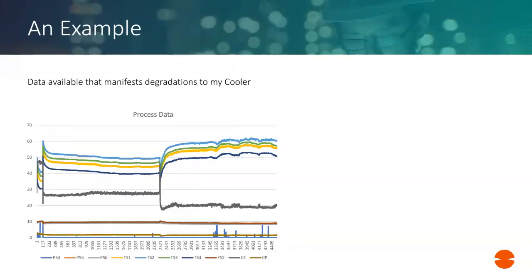So looking at the process data, I do not see a clear relationship between the various pressures, temperatures, and flows that are measured. I can see some spikes, I can see an upward and a downward trend, but I see no clear relationships.